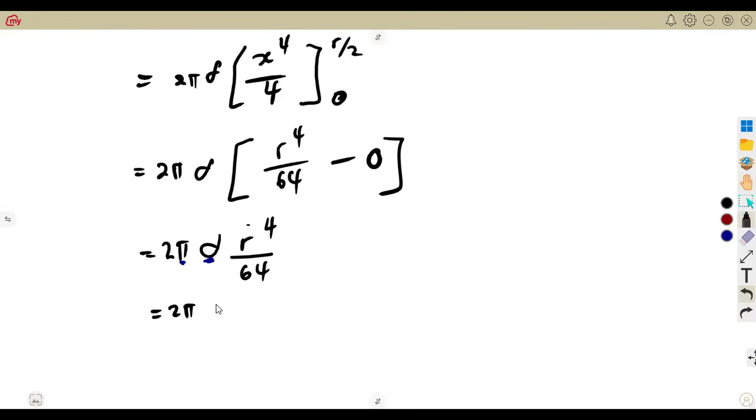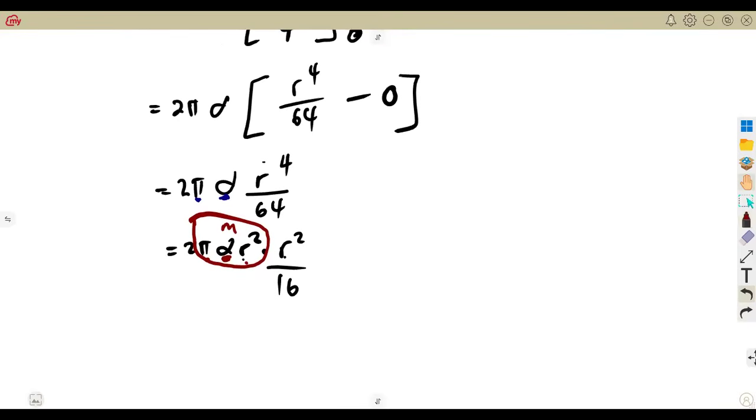So it's going to be 2 pi area density r squared times r squared over 16. There's no effect there: r squared times r squared is still r to the power of 4. We just need this part here, pi r squared and the area density, which is replaced with the mass.